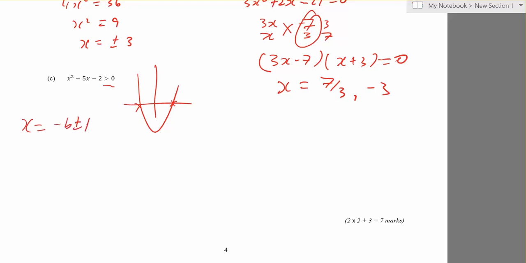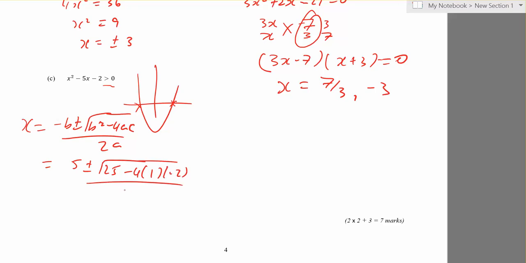Negative b plus or minus the square root of b squared minus 4ac, over 2a. So negative b, -5, is positive 5. b squared is 25 minus 4 times 1 times -2, over 2a, which is just 2. 5 plus or minus the root of 25 plus 8, which is 33, over 2.